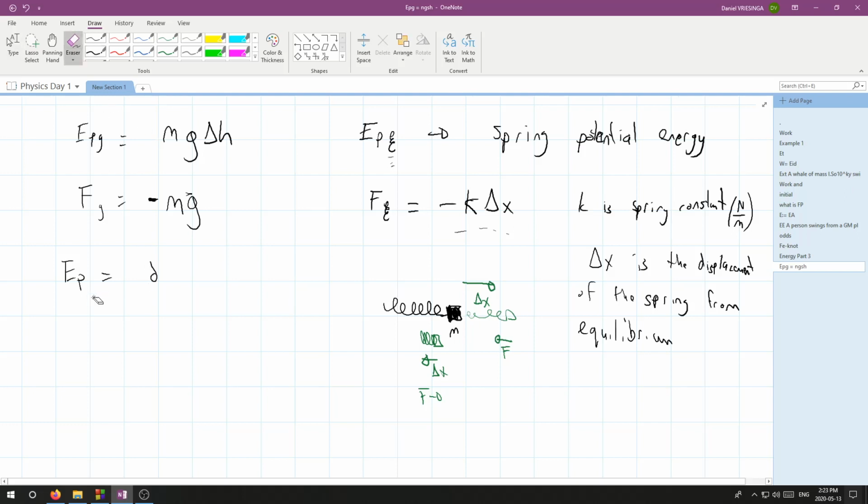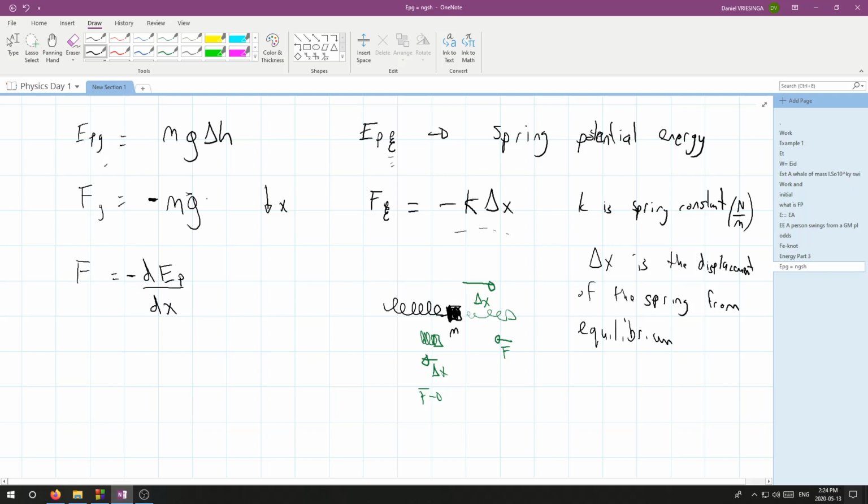Hold on a sec here. The force on an object is equal to the negative derivative of the potential energy with respect to the variable x, or the distance variable. For us, we're just going to say x, or we could say y. I'm just going to say x is this way. Okay, and it's a negative value as well.